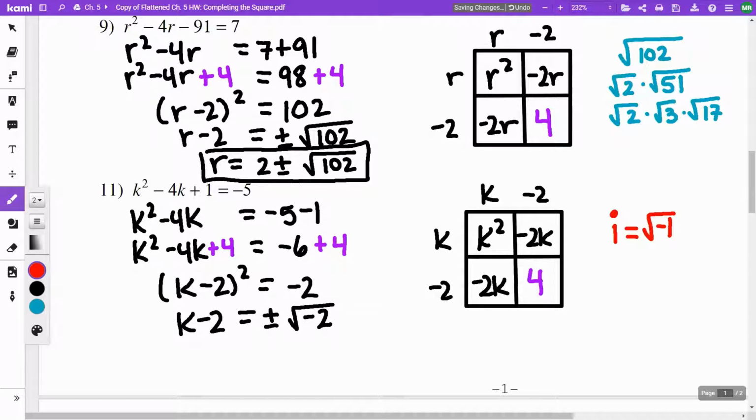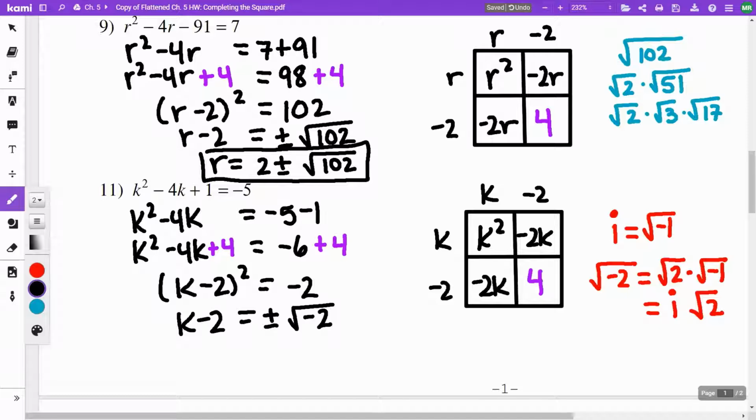So what that means is when I have the square root of -2, I can think of that as the square root of 2 times the square root of -1. The square root of 2 is √2. I can't simplify that. And the square root of -1 is an i. I'm going to stick that i in front. And that is what it would simplify to.